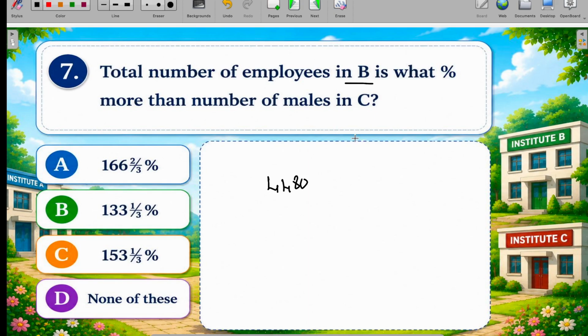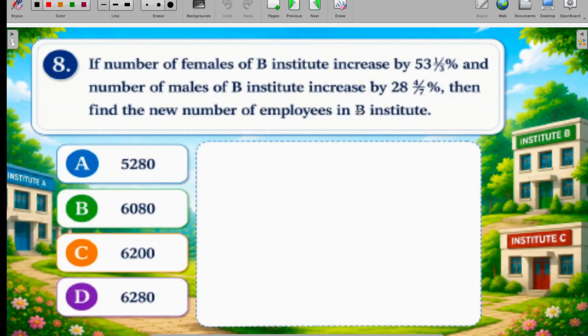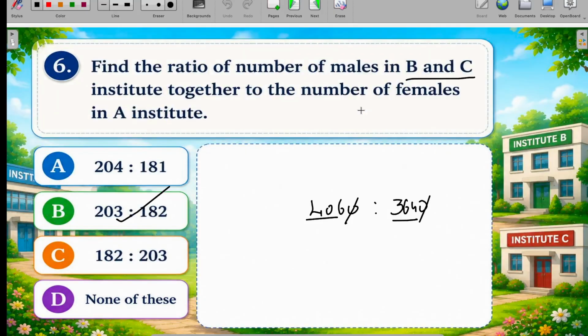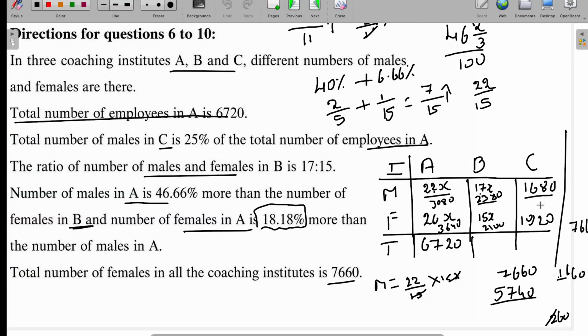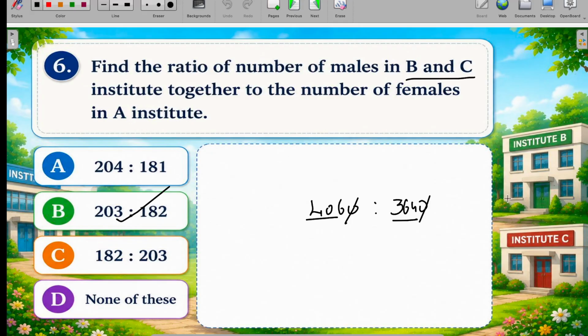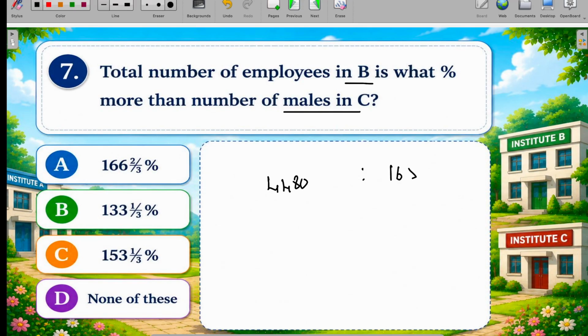What percentage more or less than? First you write the data. More or less than males in C. If you observe, males in C is 1680. So more or less means always you subtract. If you subtract, how much will you get? The 80 and 80 get cancelled. 4400 minus 1600.